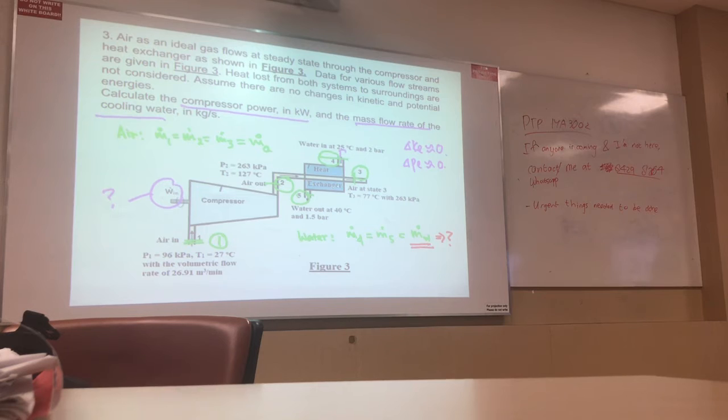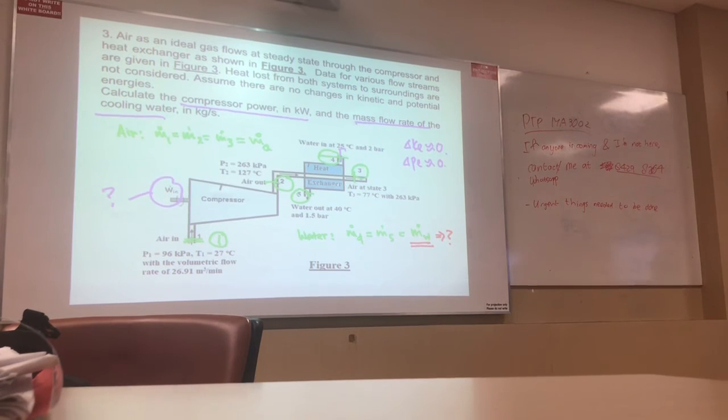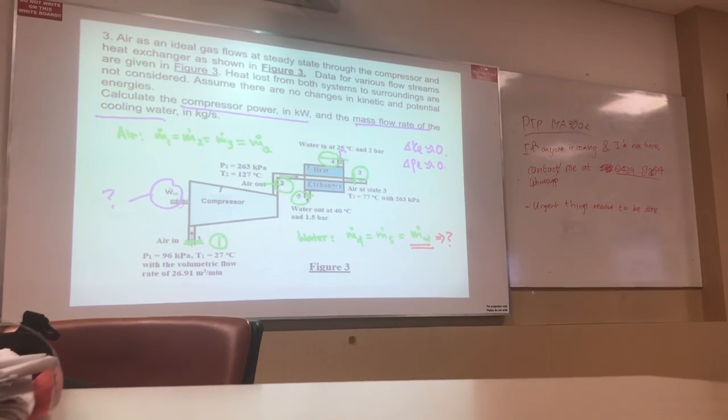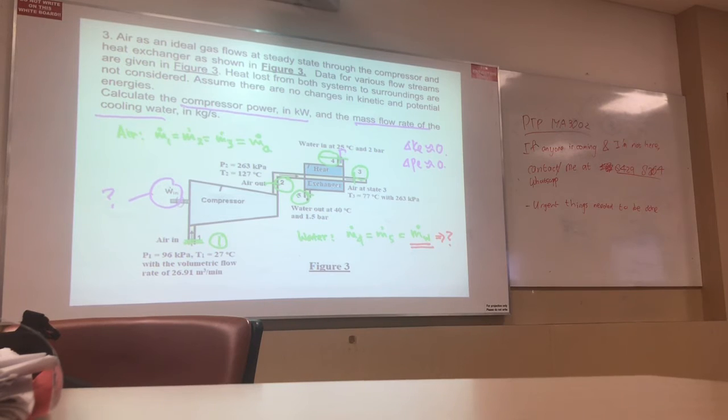Can I go next? Okay, what is the mass flow rate here? How to find? This is the ideal gas of air, right? What is the equation? PV equals mRT, I know, right? What is m? m is PV by RT. So what is the mass flow rate?